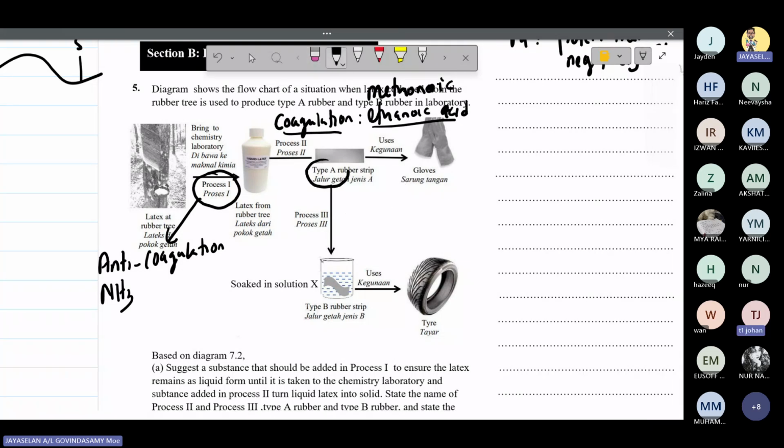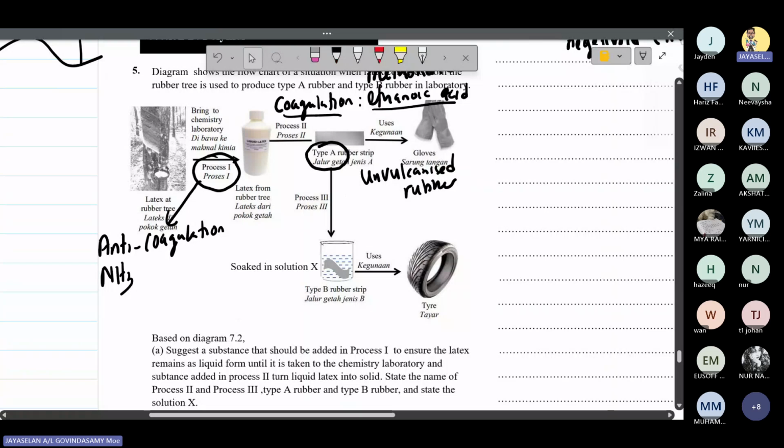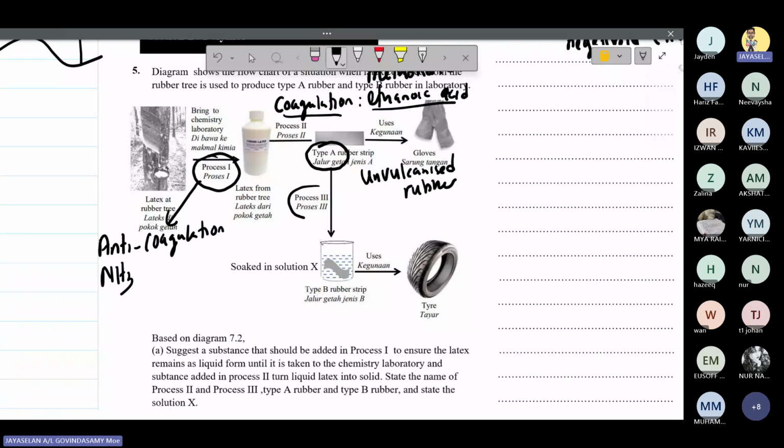This rubber is what type of rubber? Unvulcanized rubber. Okay, any question? After that they do what? They take rubber strip A and soak it in a solution. What is the name of this process?